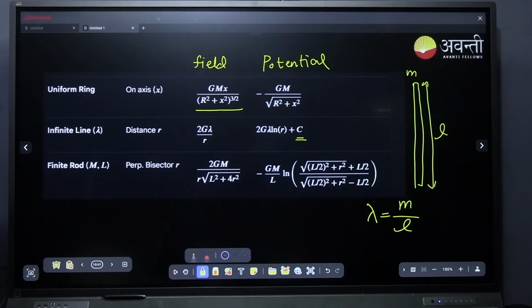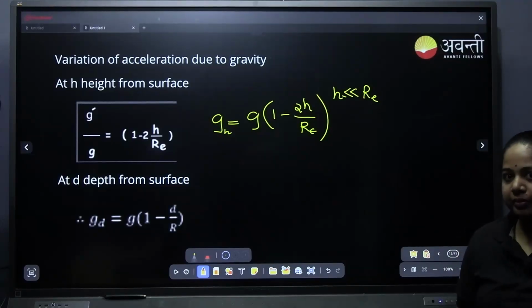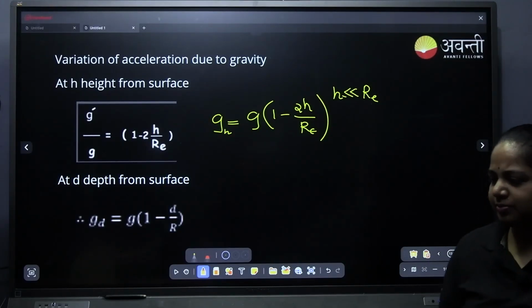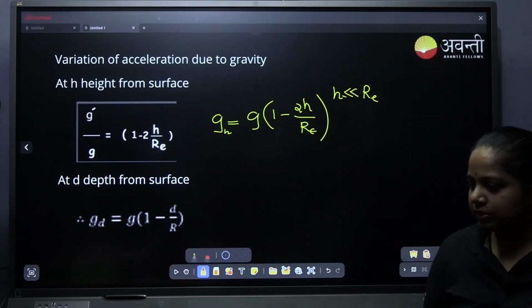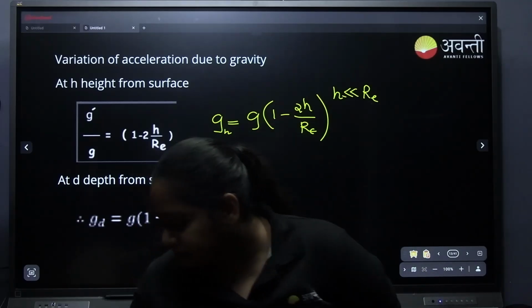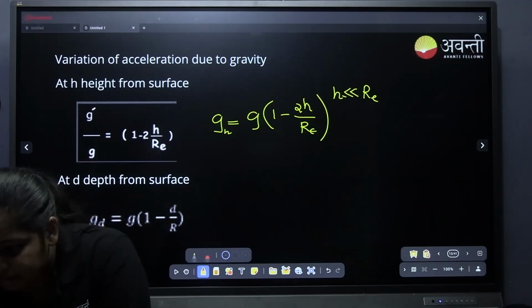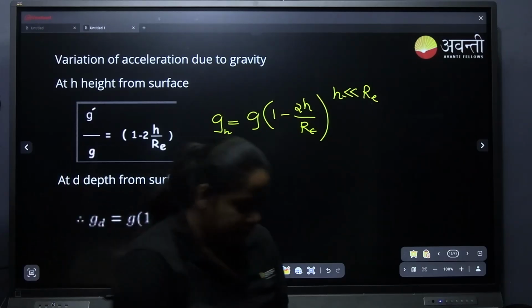No. Keep it there only. Screen and audio proper. Am I audible? Okay, it's fine. Screen is fine. Okay, then we will continue.